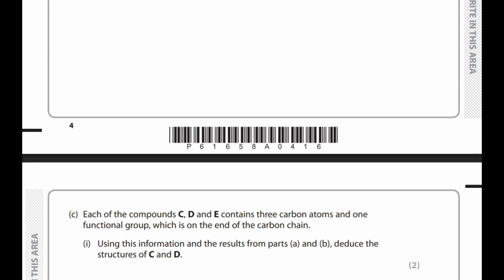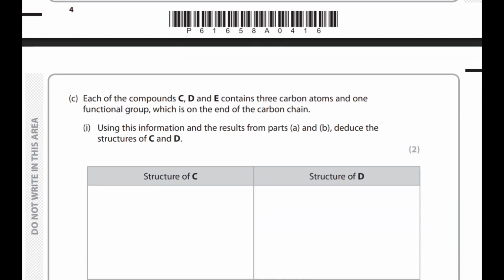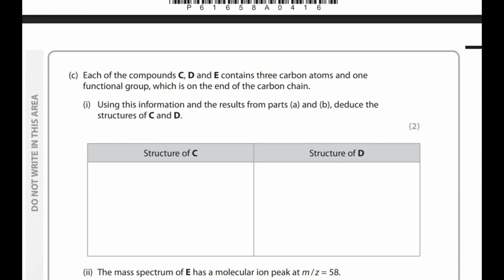Now move on to the next part of this question. Using this information and the results from parts A and B, deduce the structure of C and D. You have observed in the other parts of this question that C contains an OH group because it gives a positive test for the OH group.